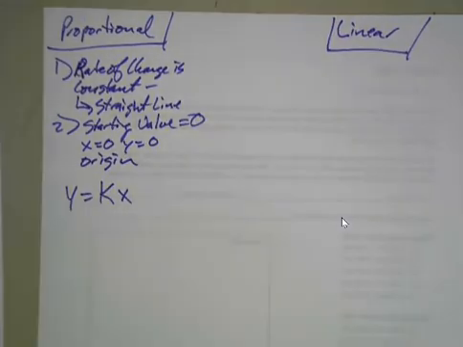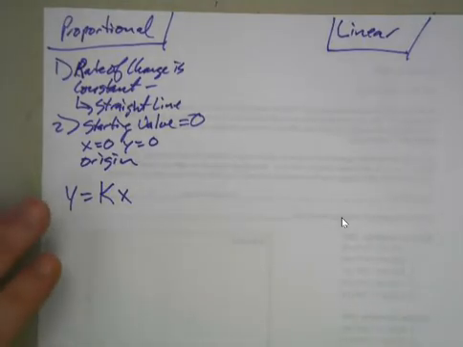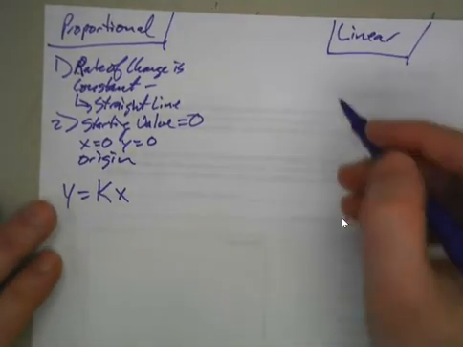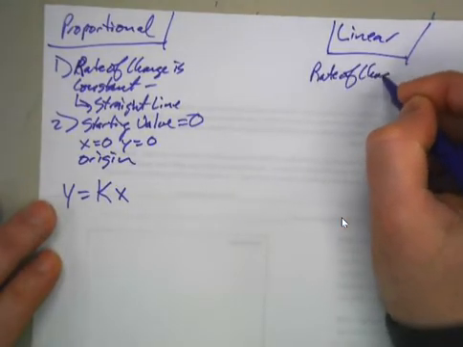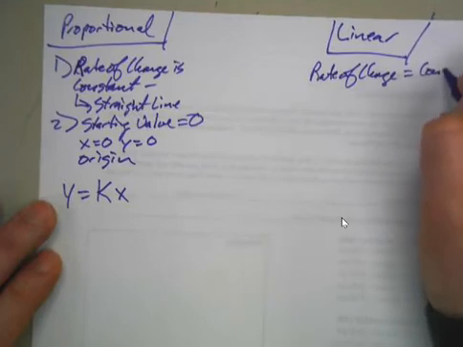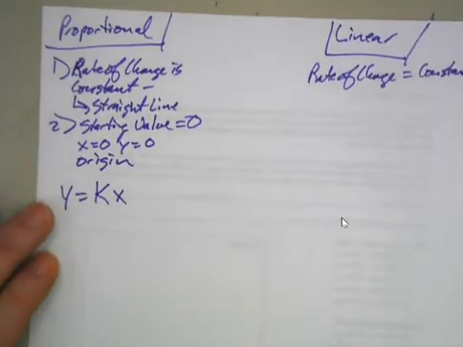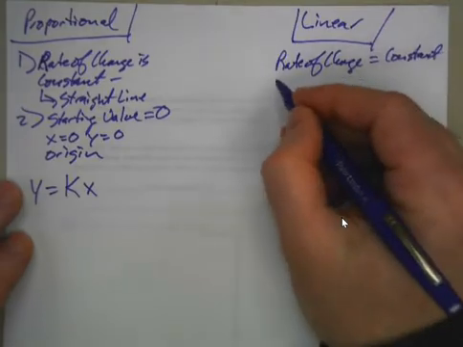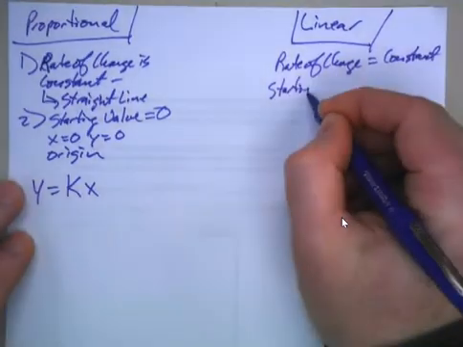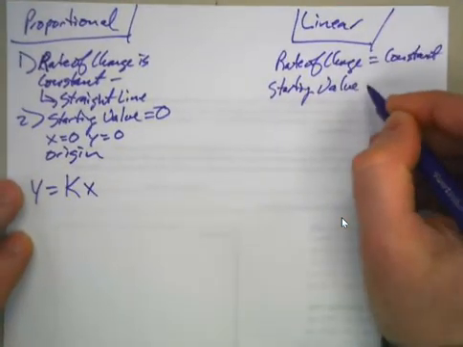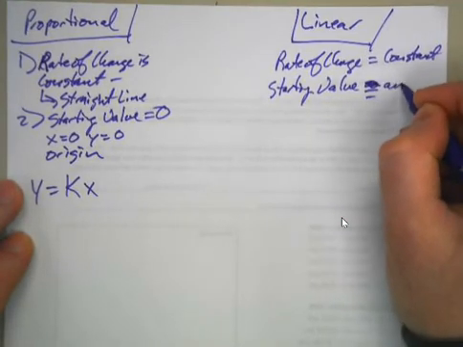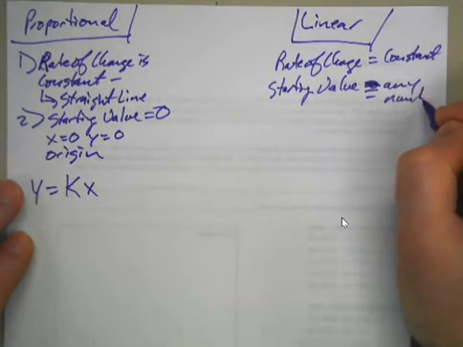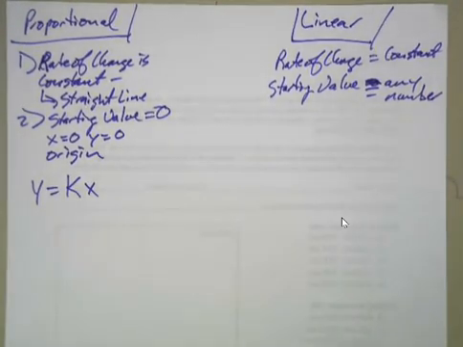Now, when we go into linear relationships, it's going to look a little differently. In linear relationships, your rate of change is constant. But your starting value can be any number.